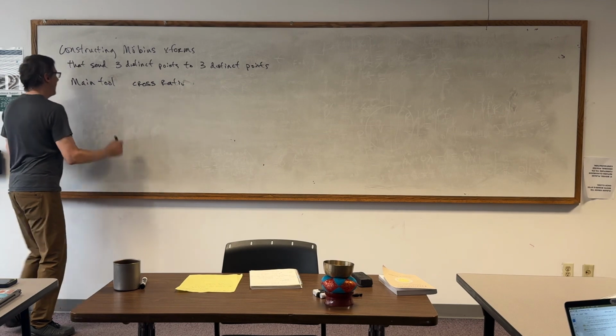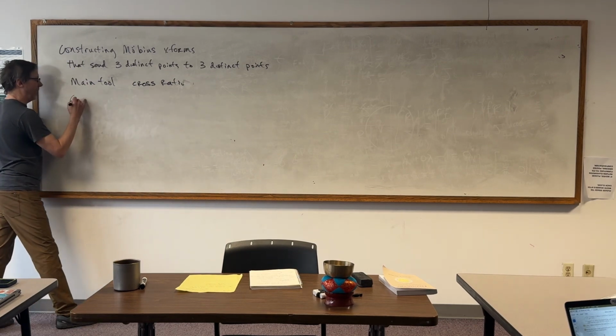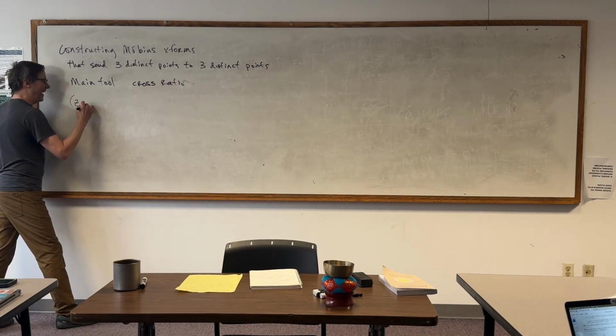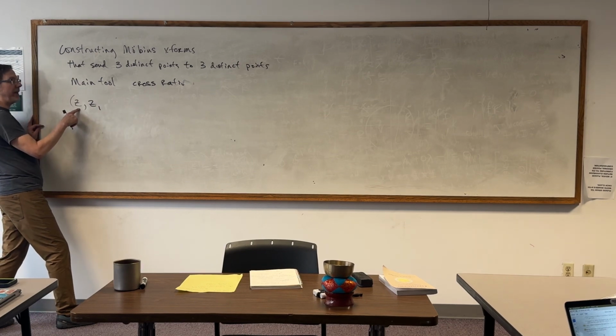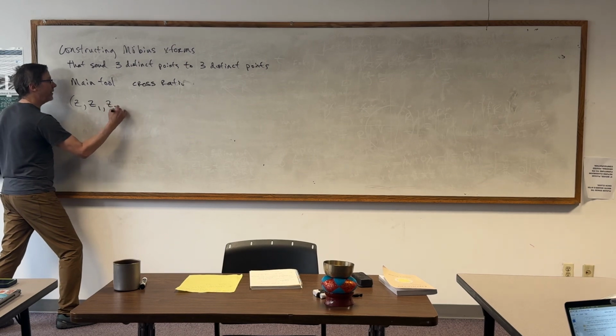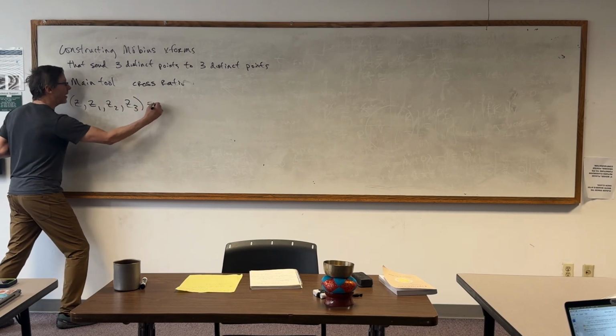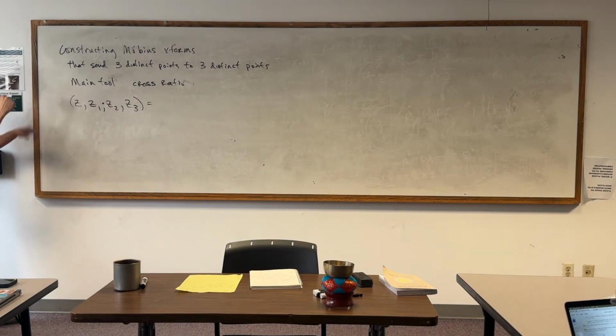Not ration. And after grading them all, I know this quite well, but I'm going to write it a little bit differently here. So I'm going to put Z as just a variable quantity, and then I'm going to have Z1, Z2, and Z3. And I'm going to write out what the cross ratio is for that.